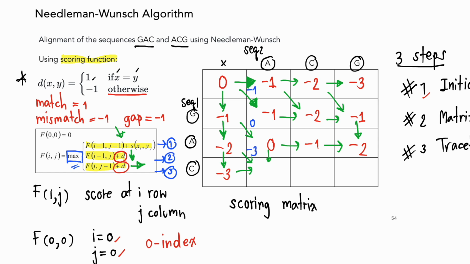Right. From the top cell and from the left cell, add with gap score. 0, -1, -1. -3, -1, -4. So the maximum value is -1 from the top cell. So I will put the score -1 and the arrow from the top cell.